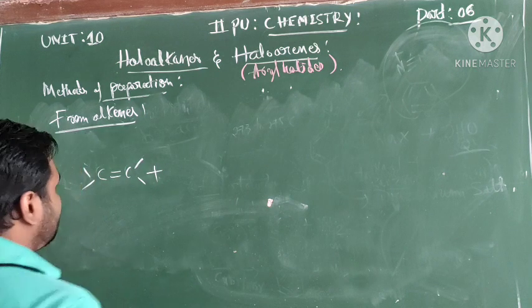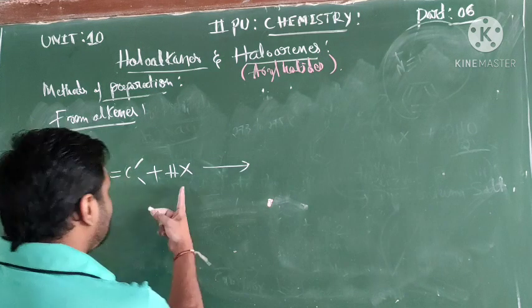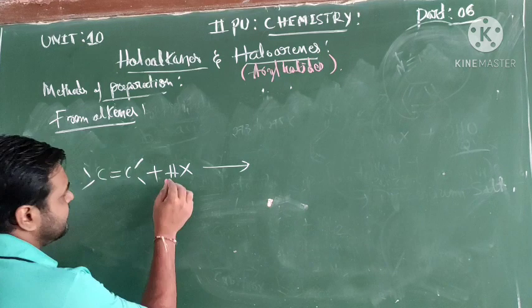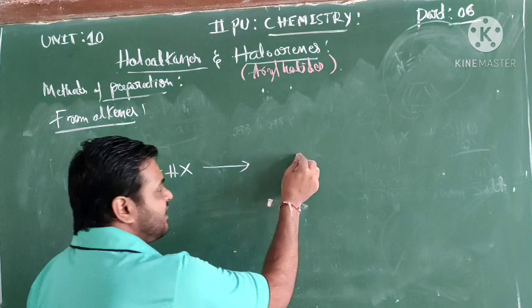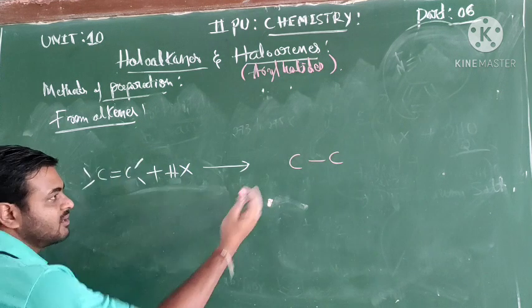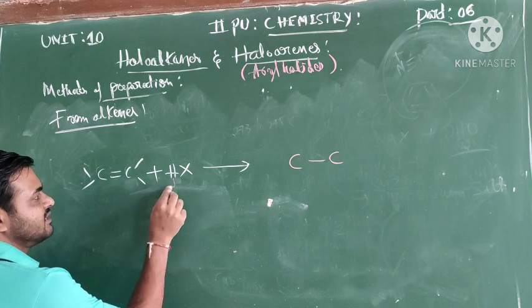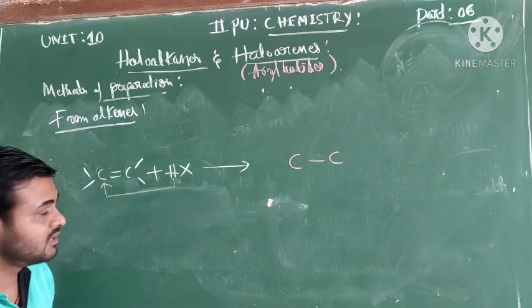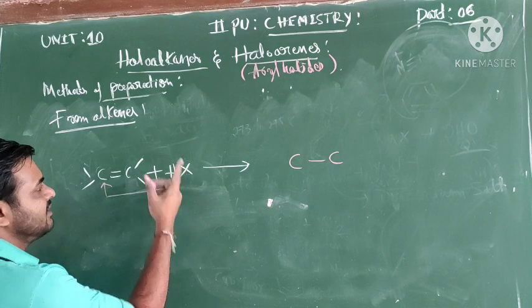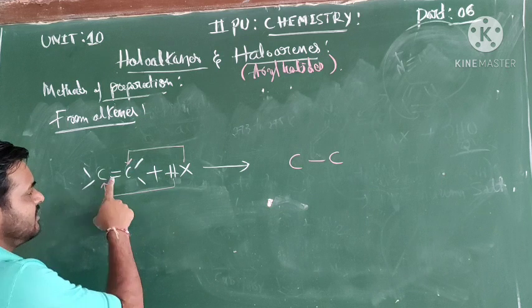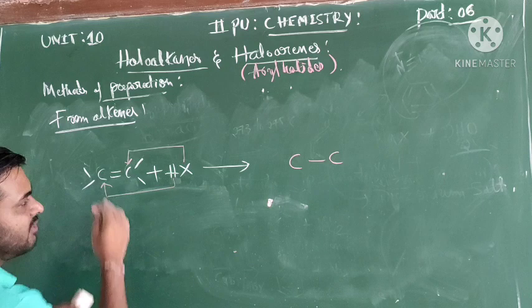So it reacts with any type of hydrogen halides. Okay? So what will be formed? Here the carbon-carbon double bond breaks down to form a single bond. How does the carbon-carbon double bond break down to a single bond? Here the hydrogen atom is reacting with the carbon-carbon double bond of the alkene group, and the remaining halogen comes to the other carbon atom. So the double bond breaks down to form a single bond.